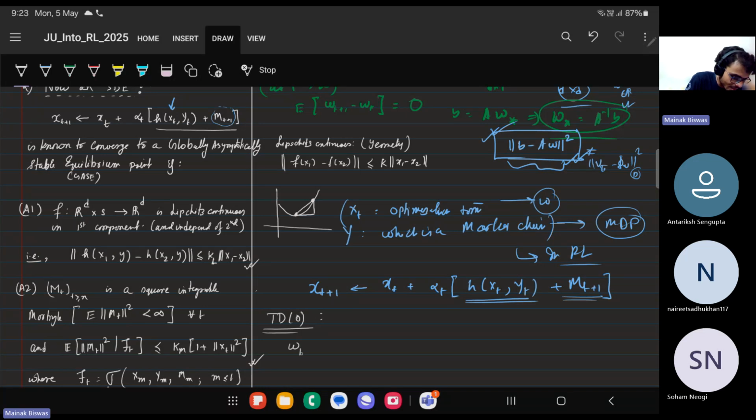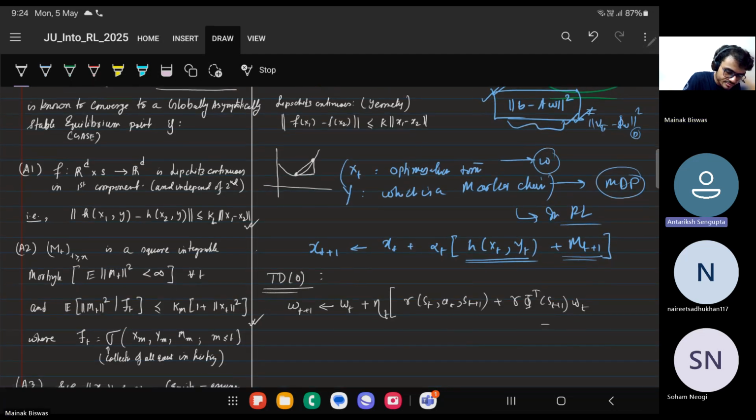The TD(0) algorithm says that w_{t+1} is w_t plus some eta_t times the temporal difference, which is the reward r_{t+1}, plus gamma times the value function of s_{t+1}, minus the value function of s_t, that is w_t, for the TD(0) algorithm.